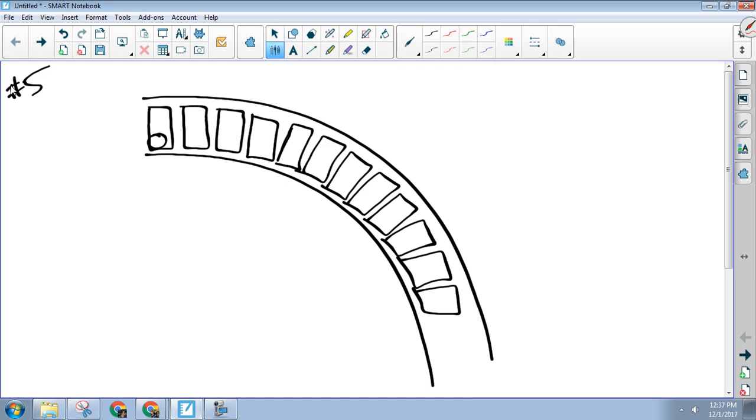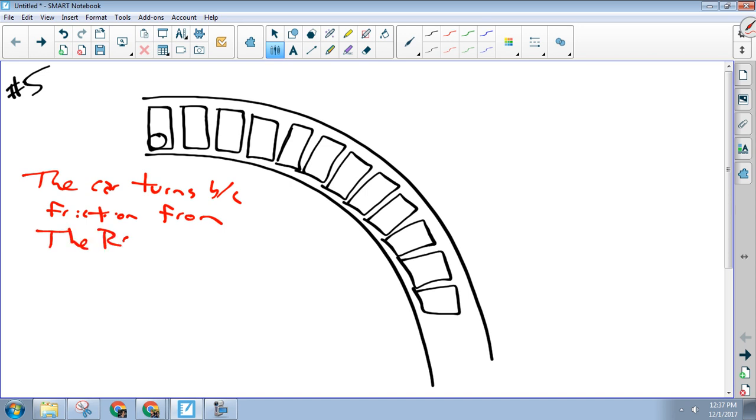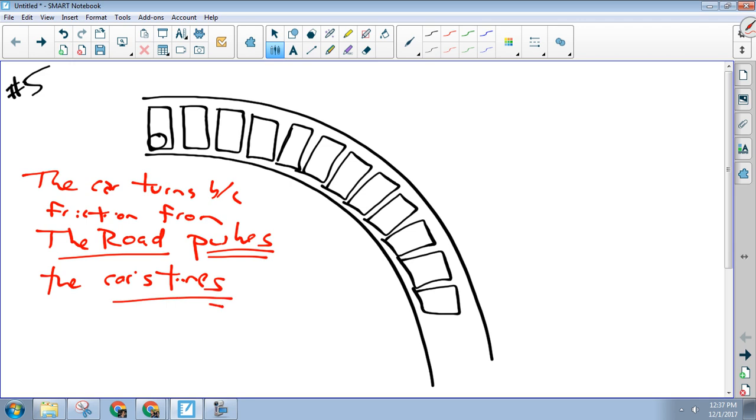So, the car turns because friction from the road pushes the car's tires, or you can just say car, inward. So let me pause there for a minute.